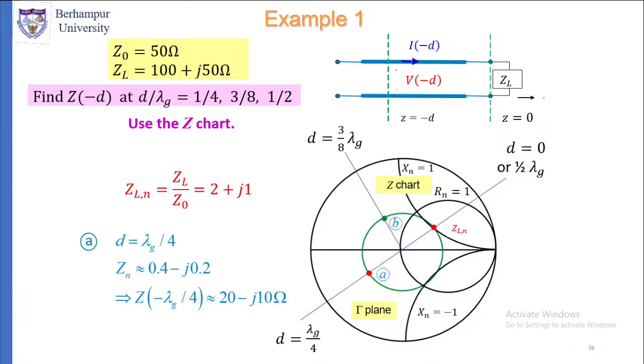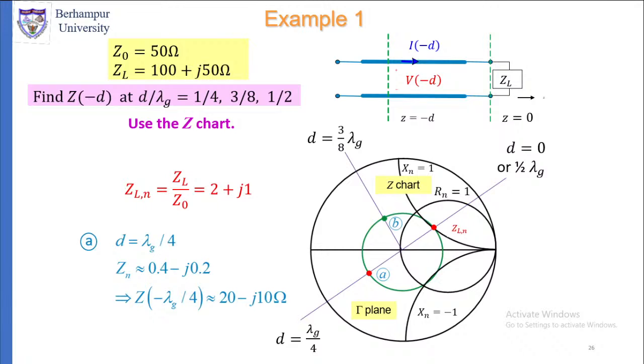If this is the normalized impedance, what is the impedance? Impedance will be normalized impedance into Z0. So multiply Z0 into ZA.